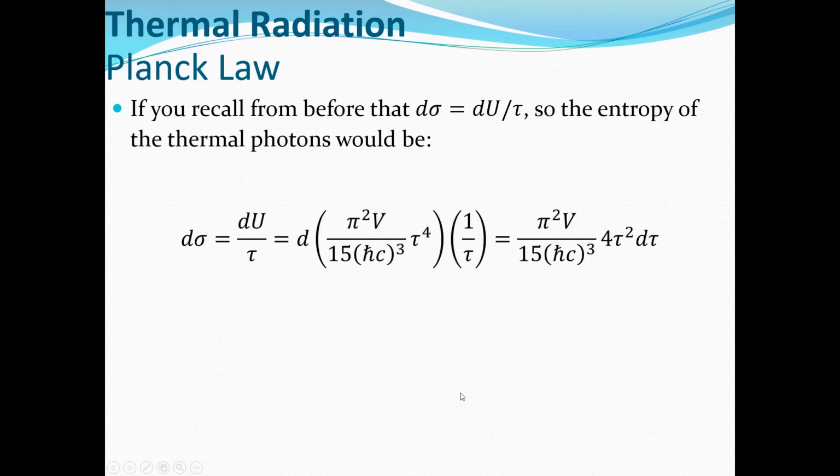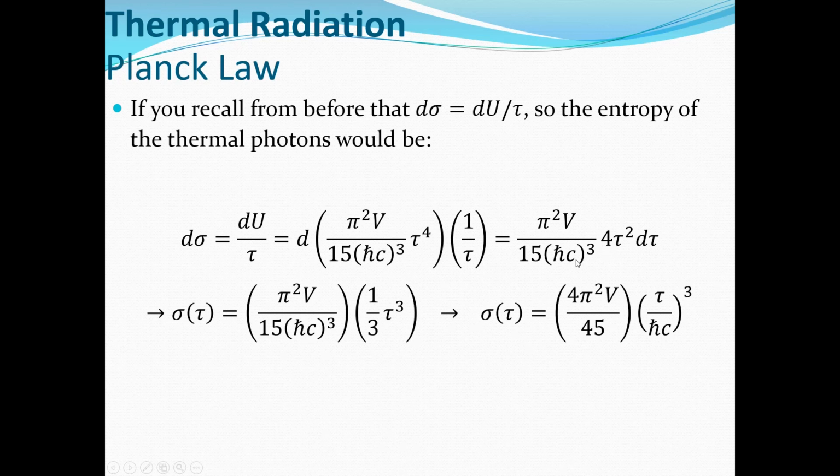We can actually relate all this stuff that we've had with entropy. So we could think of this as the entropy of the photons by taking the energy and doing this, including this dt aspect, taking the derivative with respect to temperature, and we end up getting this.